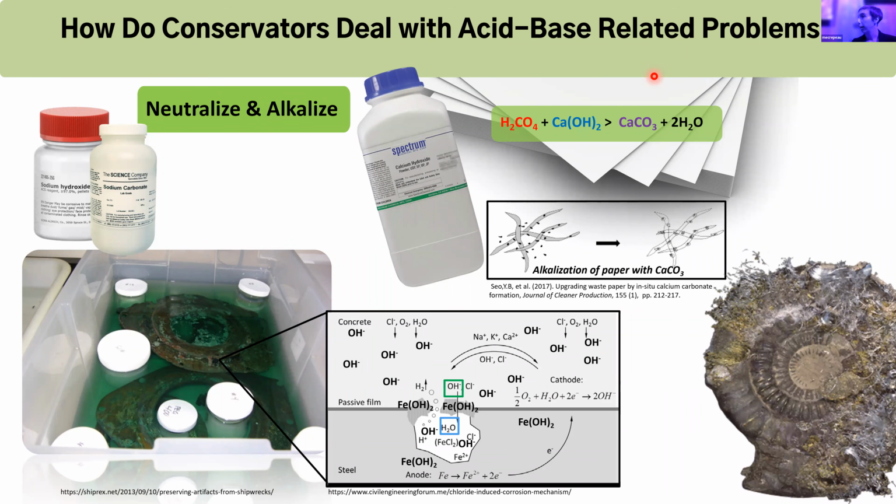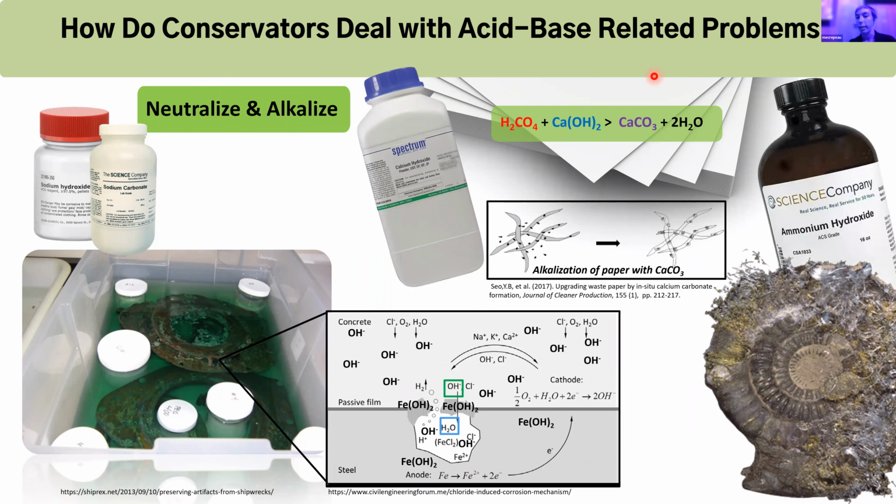Similar thing with our poor ammonite over here. The way we treat these is with ammonium hydroxide. The previous two examples were solution-based. It really involves immersing your artifact, usually in a water-based solution where you have a dissolved basic salt. Ammonium hydroxide, though, is actually a gaseous treatment.